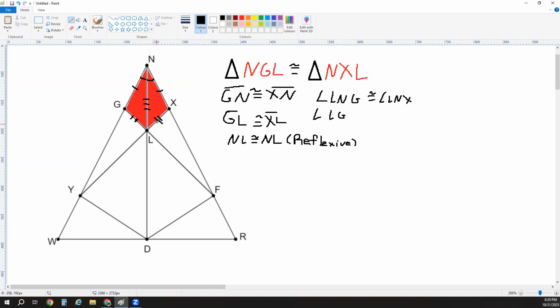And then LGN is congruent to angle LXN. That'll be our second congruent angle. Okay, and then the final one would be angle NLG is congruent to angle NLX, right? And that's our third angle for this red triangle set.